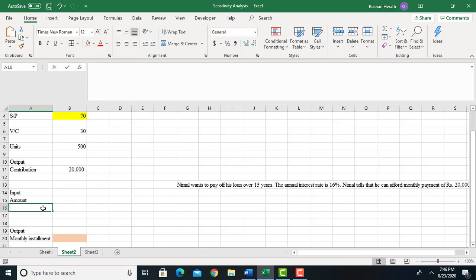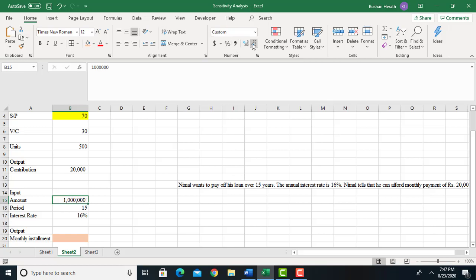Then the loan period is given, that is 15 years. And the interest rate is also given, the annual interest rate of 16%. So let me assume a particular amount, say 1 million. We can definitely go more than that, but this is just to develop the basic output.